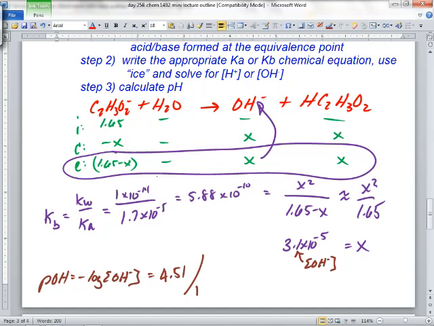And then you know that 14 is pH plus pOH. Finally, like 9.5, 9.49 or so. 9.49. Okay.